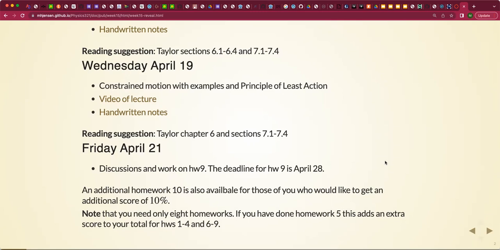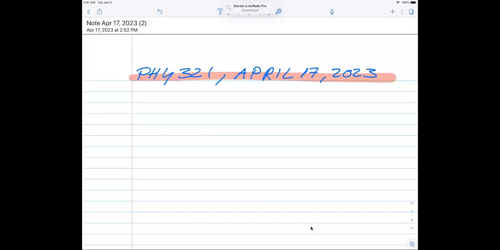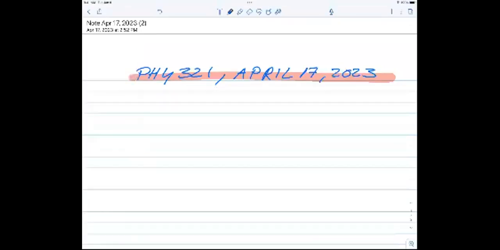Okay, so I'm going to switch over to the whiteboard. So let's do that as quickly as possible. What we have been doing now is to present this Lagrangian formalism.